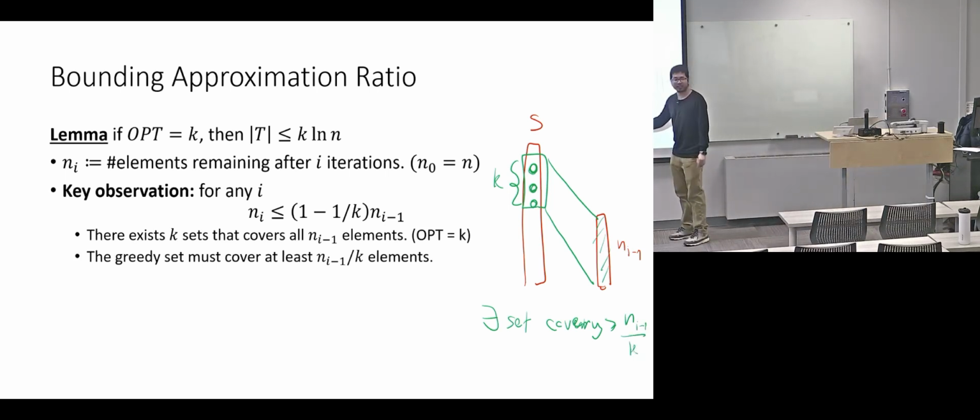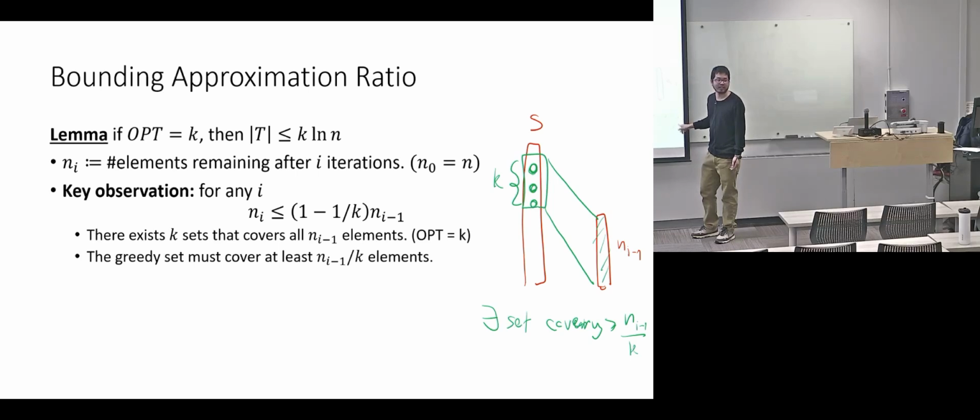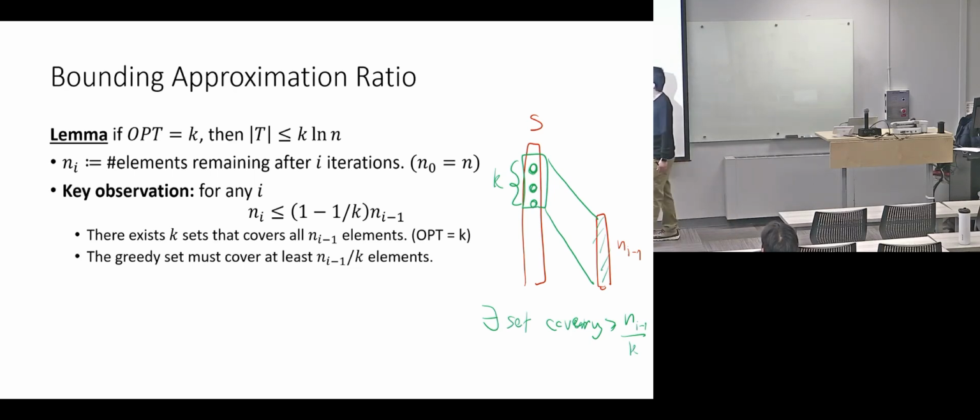What greedy does is choose some set that covers the most of these guys. It may or may not be in the optimal solution, but it will cover at least this many elements. So after the next iteration, the number of remaining elements will shrink by this much, which means this thing.